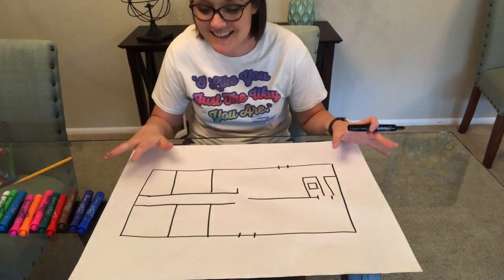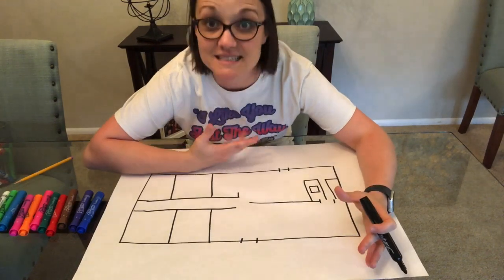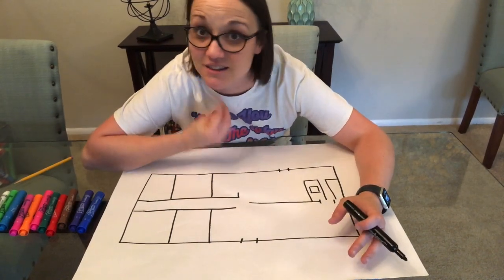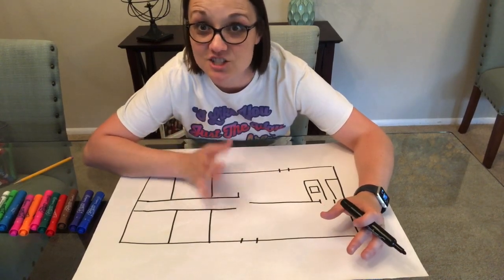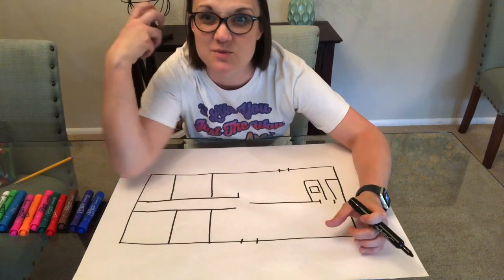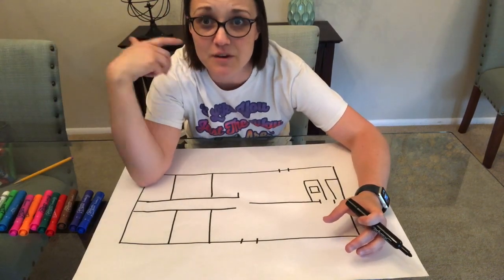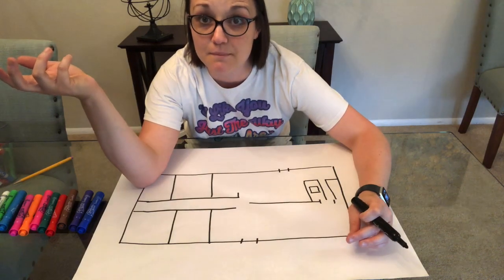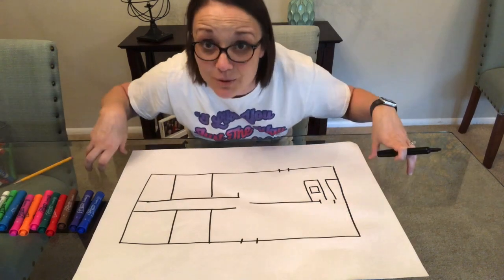Then the next thing I want to add to this is a symbol. So a map's not going to have every single little thing that you would see from above. It's just going to have one thing that really makes you think of that space. All right, so if I'm gonna think of my dining room, I'm gonna think of a table, right?